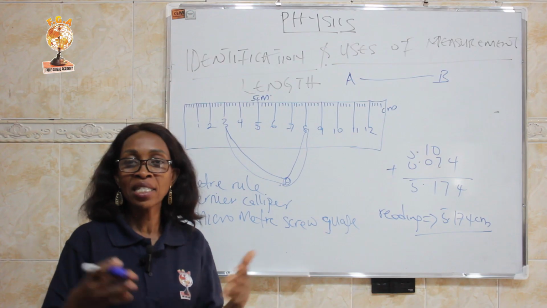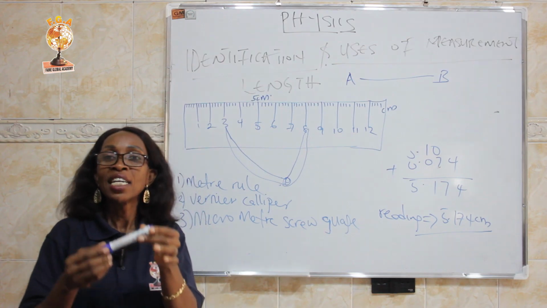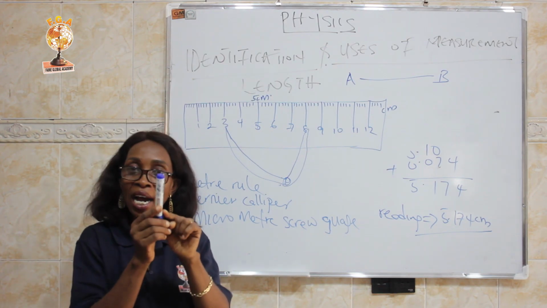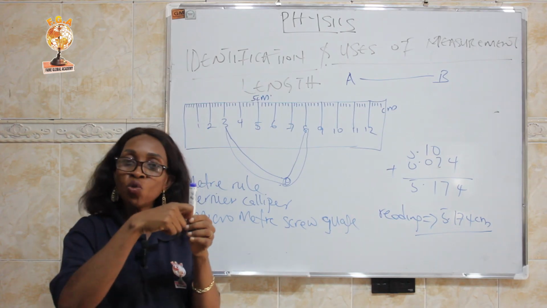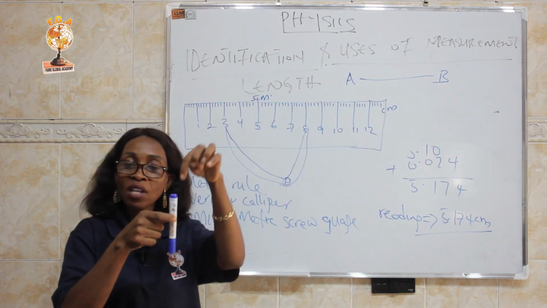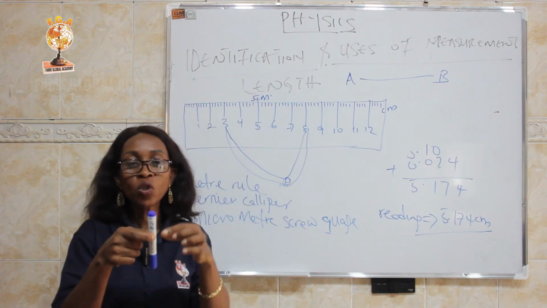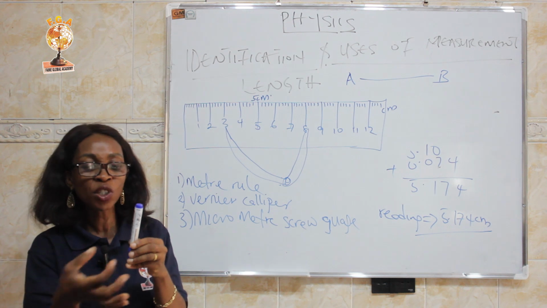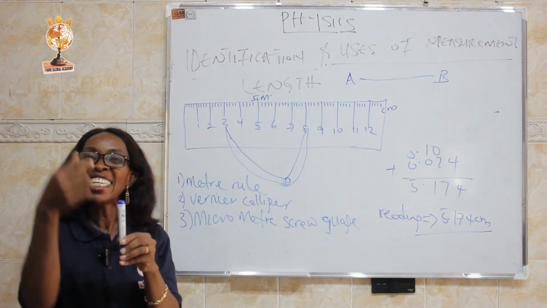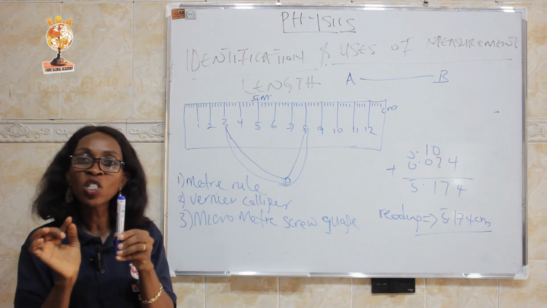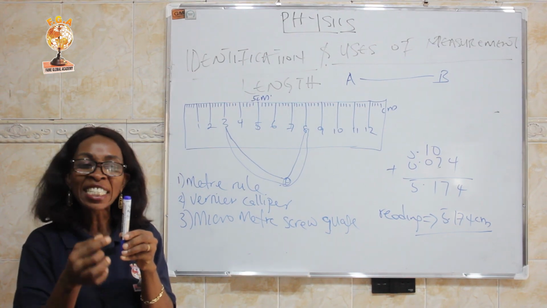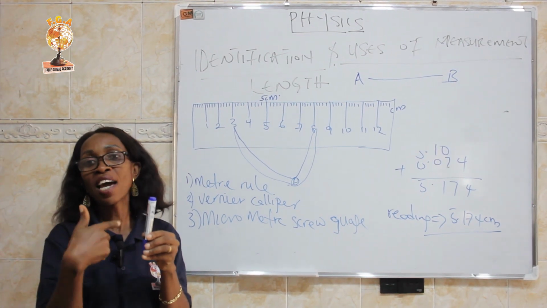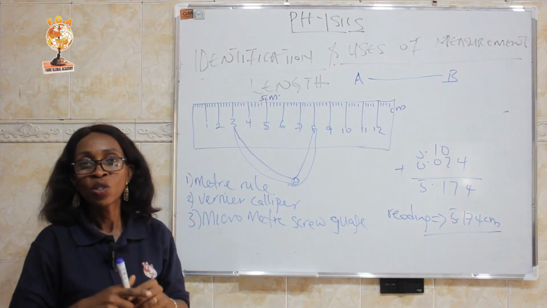Let's say I want to measure the diameter of this marker. I have to use the micrometer screw gauge because I'm not dealing with the internal. If I wanted the internal, I would have to use the vernier caliper. The vernier caliper can measure both the external and the internal, but the micrometer screw gauge can only measure the external diameter of an object.